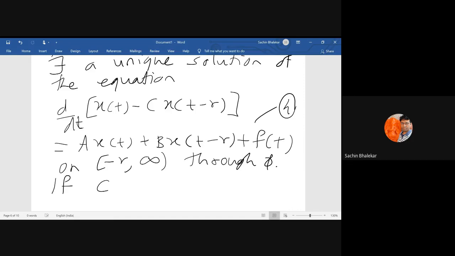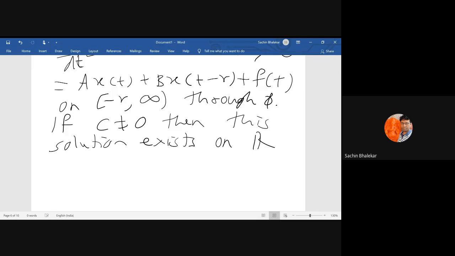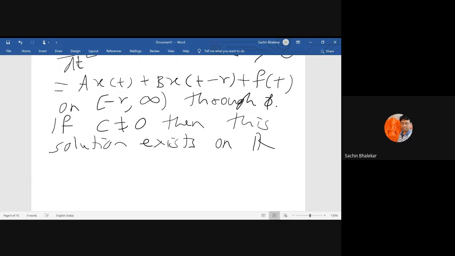If c is non-zero, then this solution exists on the real line. Otherwise it is defined on minus r to infinity and is unique.